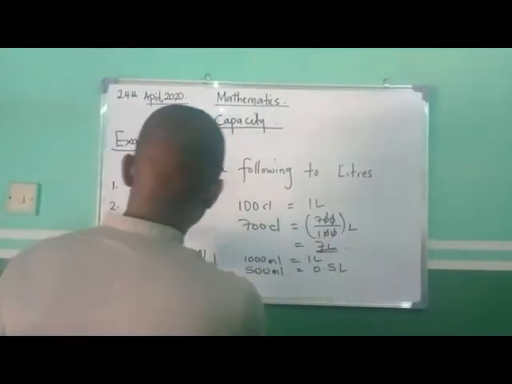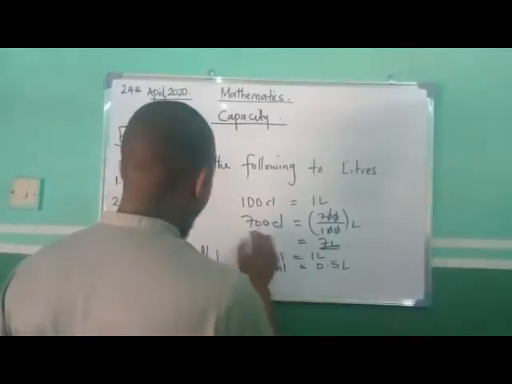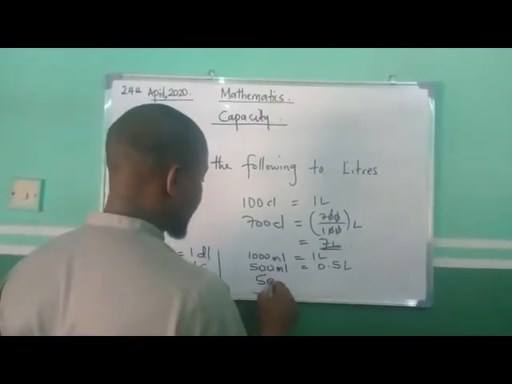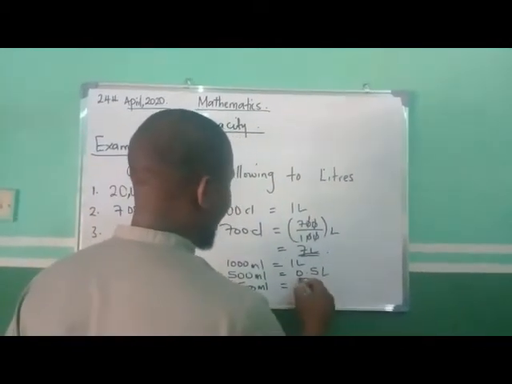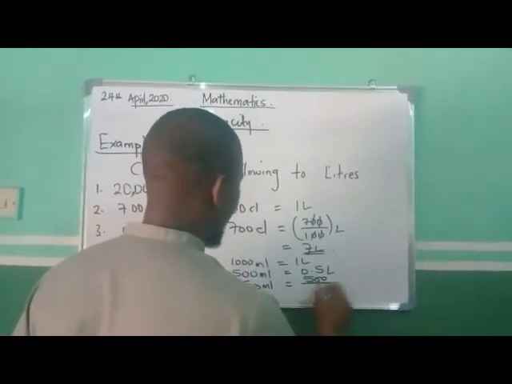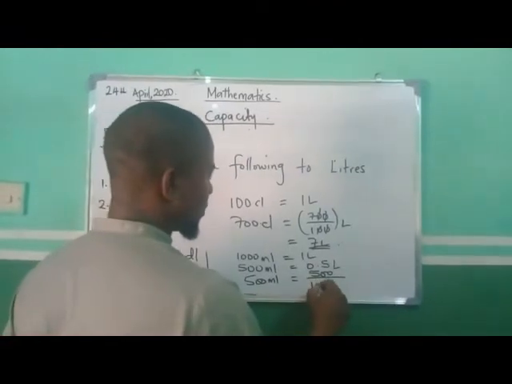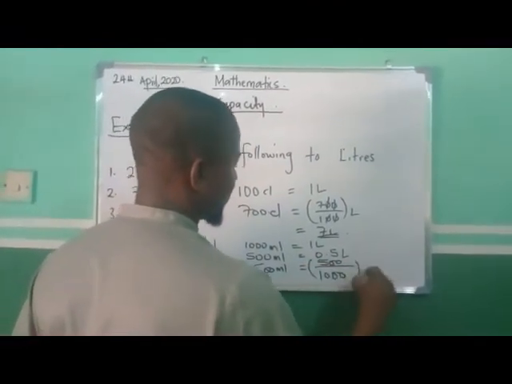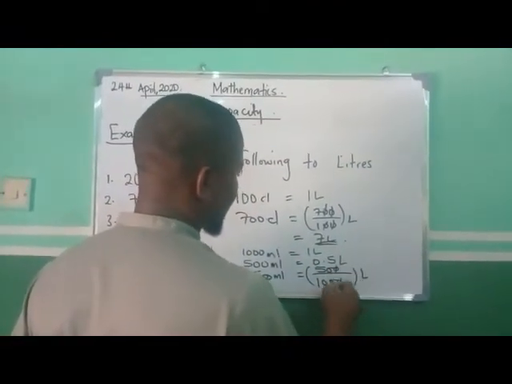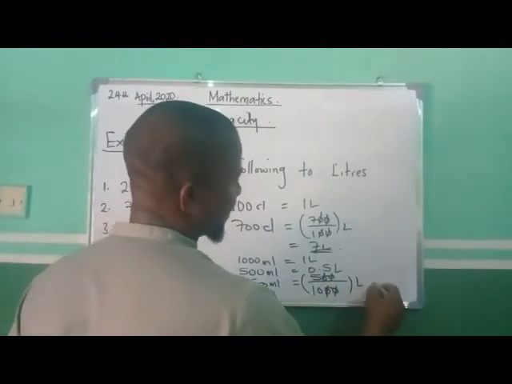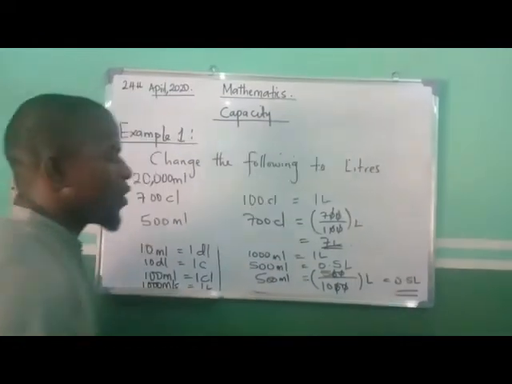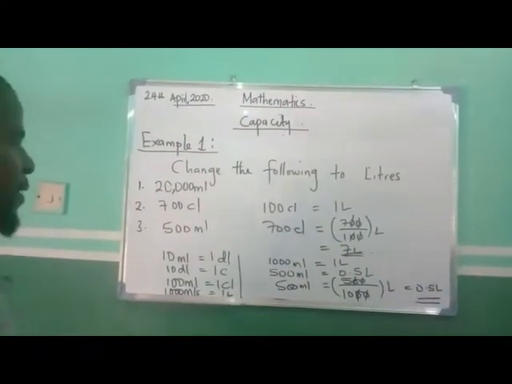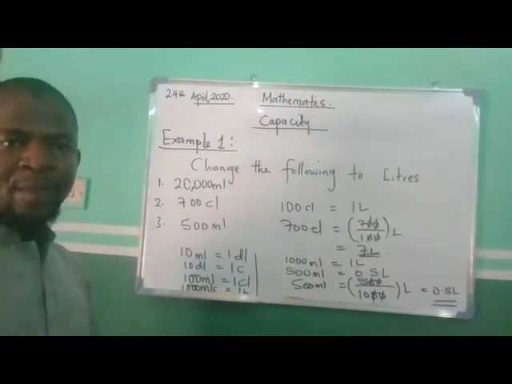So I'll just say 500 mils will give me 500 all over the standard, 1,000, liters. 0 will cancel 0, 0 will cancel 0, 5 over 10, which we all know will give me 0.5 liters, or half liters, as the case may be. I hope it is clear.